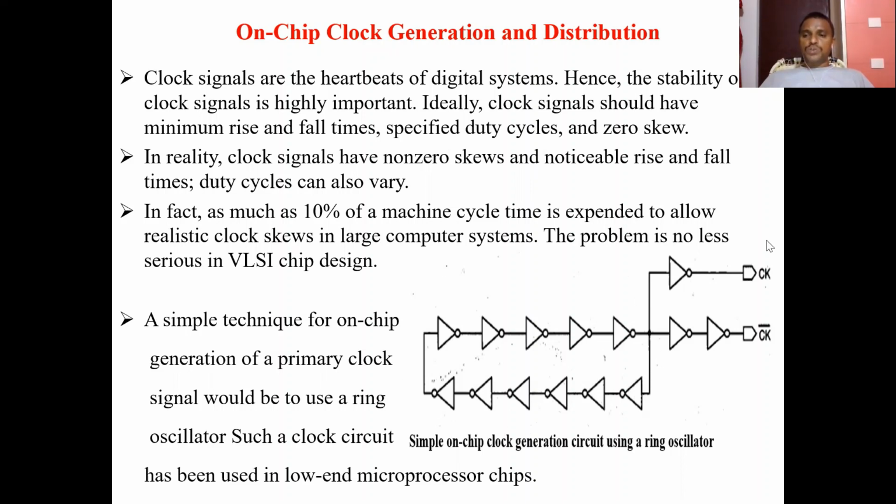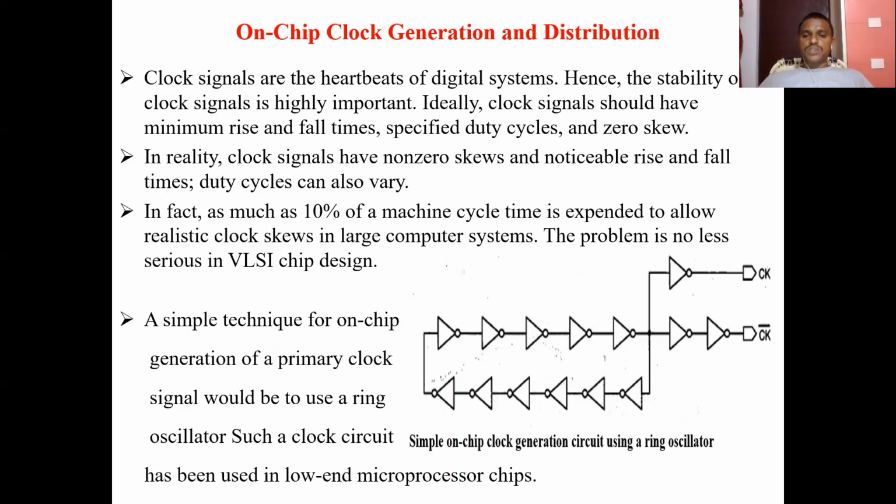Here we have two outputs, clock and clock bar, that is the inversion of the clock signal. Such a clock circuit has been used in low-end microprocessor chips only. So that is the clock generation on the chip.